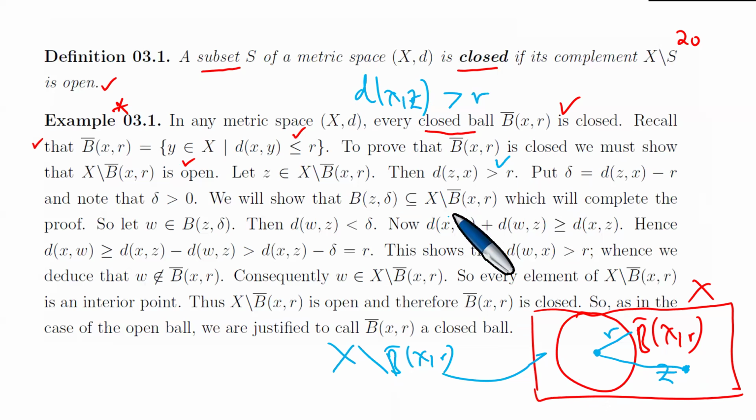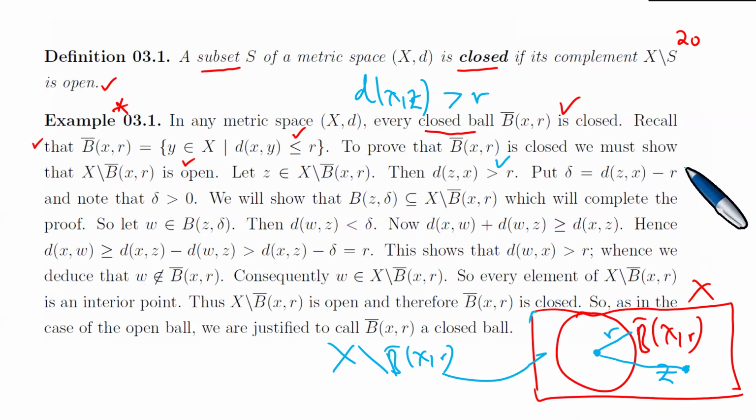So what do we then do? We realize that this inequality is true. Thus, put delta to be the distance between Z and X, and then we subtract R, the radius. And note that delta itself is strictly positive.